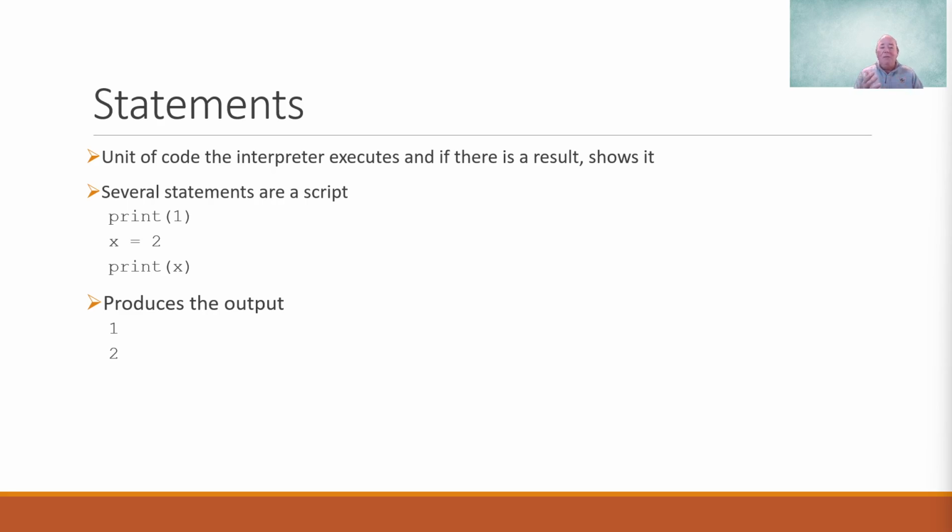It says, okay, print the character 1. I'm very specific about that. That's character. And then the second one is assign the value, entirely different thing, assign the value 2 to the memory location named X. And the third one says, print the value that is in the memory location, X. And you see the output, and hopefully you understand why that is.